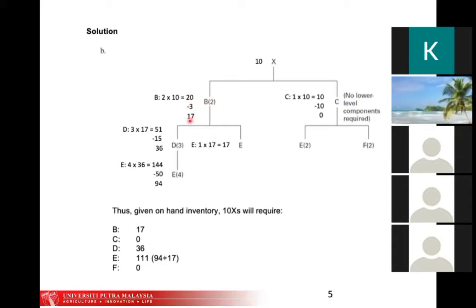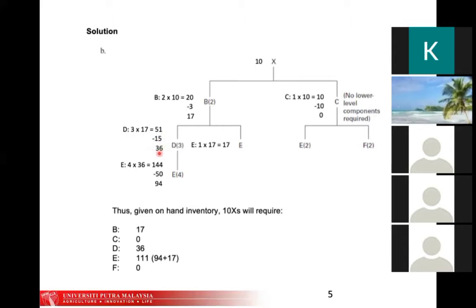Each B requires 3D and 1E. So for D, 3 times 17, we get 51. We deduct the on hand quantity of D, which is 15, so we get 36.